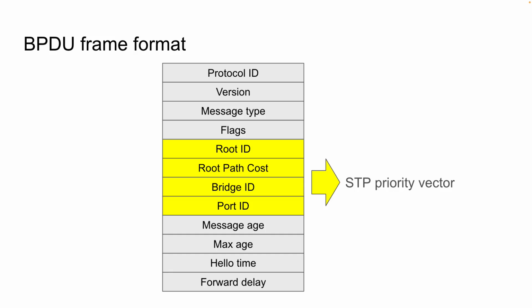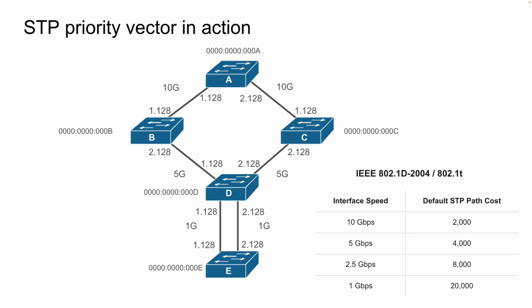There is a faster version of spanning tree, which is rapid spanning tree, and Cisco implements more sophisticated spanning tree flavors like per VLAN spanning tree and per VLAN rapid spanning tree. We will compare those flavors of the spanning tree protocol in later videos.